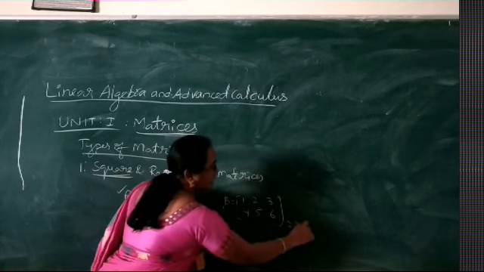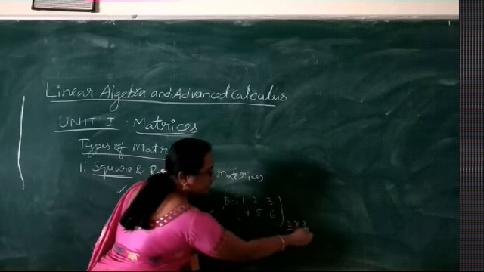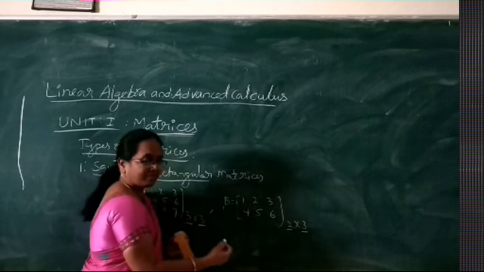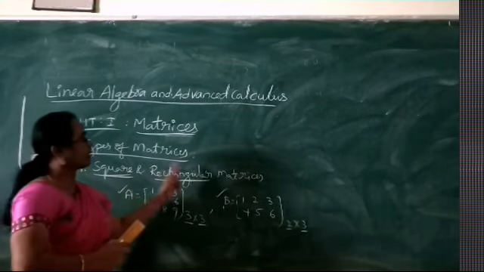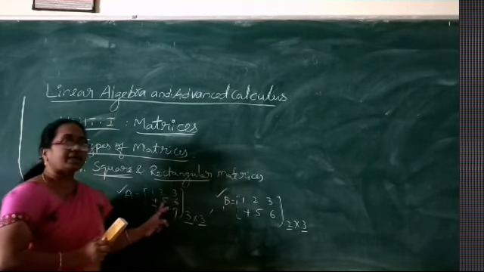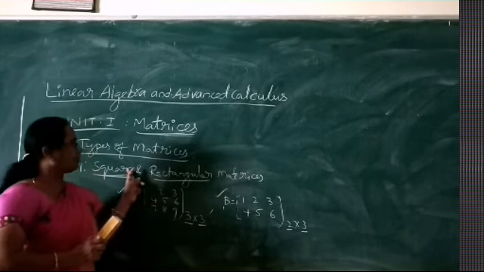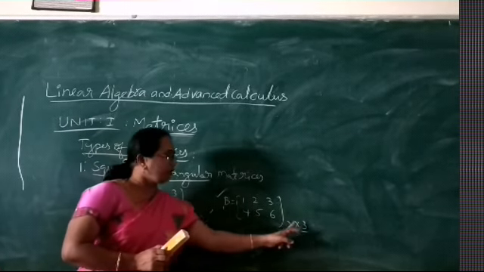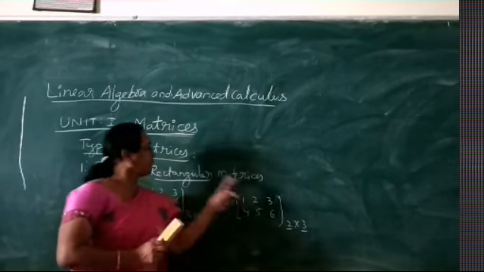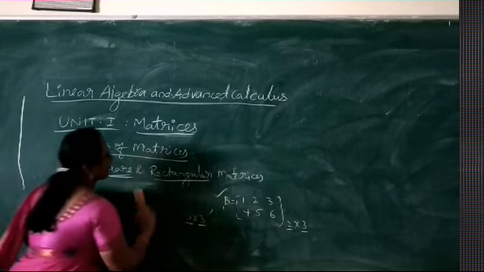Columns are 3. Because there is a difference in the row and column numbers, we say that this is a rectangular matrix. So what are square and rectangular matrices? Where there are an equal number of rows and columns, it becomes a square matrix. Where there are different numbers of rows and columns, it is called a rectangular matrix.